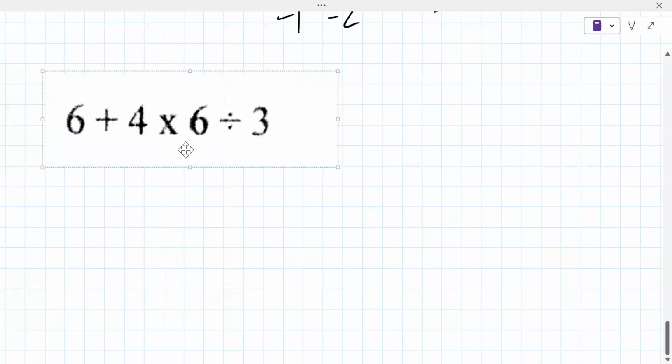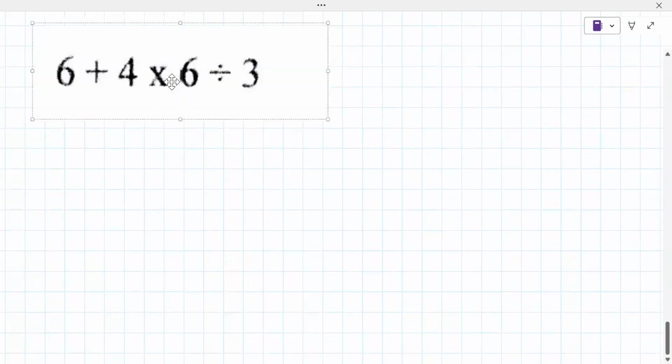All right, so here's a new problem for you to look at.